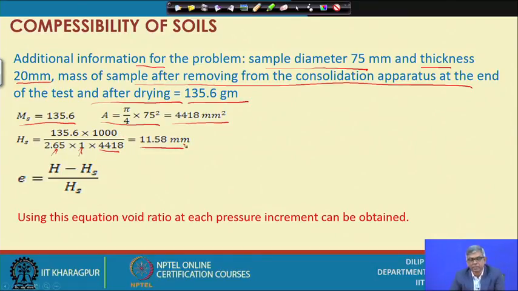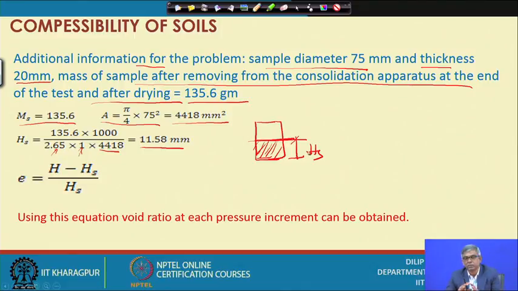So 11.58 is the thickness of the equivalent soil mass. If there is a total soil, whatever the thickness, out of that 135 gram of soil, and the diameter and total thickness are mentioned, and the dry weight is this, what is the equivalent HS?